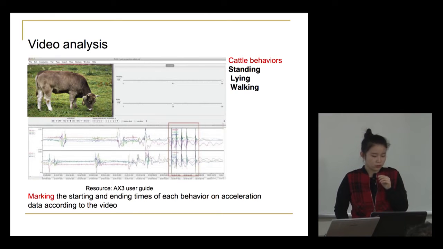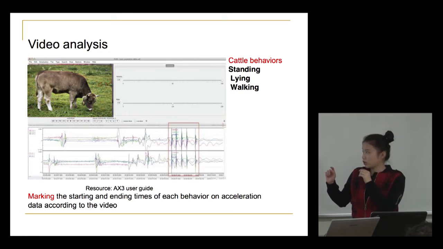Next comes the video analysis. On the left are the cattle behaviors in this research, including standing, lying, and walking. At the top of the picture is the video stream of the cattle behavior, and at the bottom of the picture is the acceleration data stream.